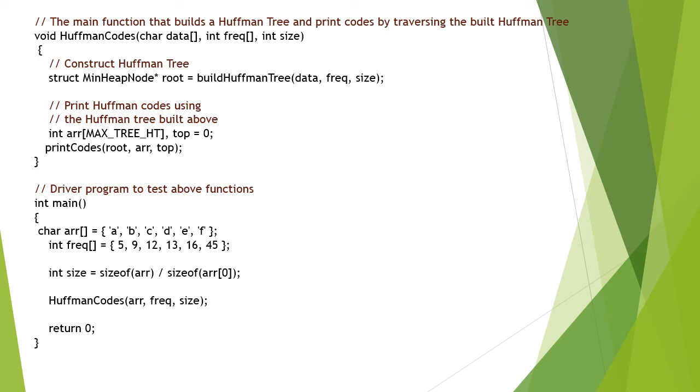My input to this program is A, B, C, D, E, F with their frequencies 5, 9, 12, 13, 16, 45. So A is assigned frequency 5, B 9, C 12, D 13, E 16, and F 45. I'm going to call the function Huffman codes, passing the parameters array, frequency, and size. I'm going to return 0 here.